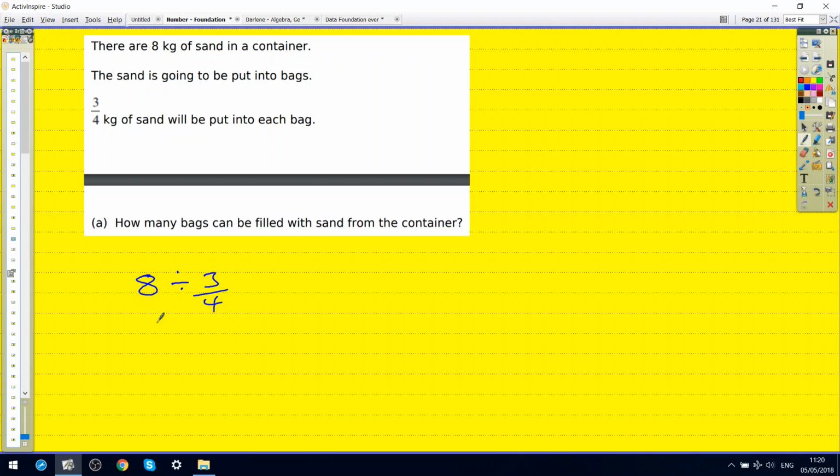I think this is non-calc. How could you do it non-calc? Keep change flip. Okay, so what would it become? Brilliant. Yeah.